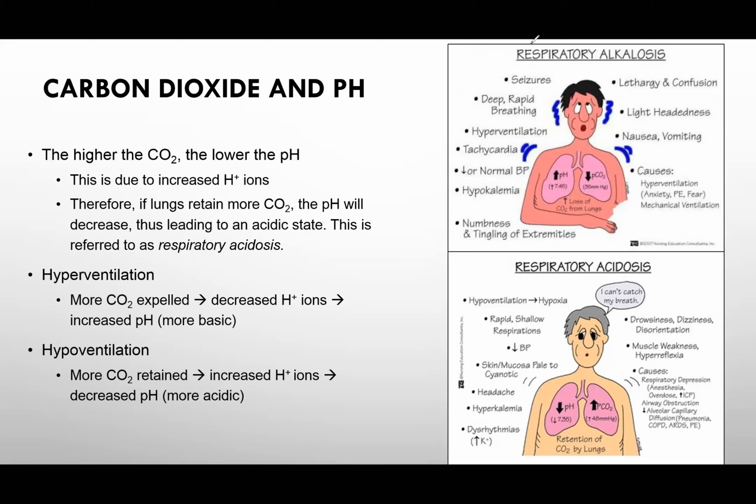Alternatively, we have the opposite situation where, say, you're hyperventilating. That means you are exhaling CO2 at a faster rate. Because of this, you now have decreased amounts of hydrogen ions, which is going to increase our pH.